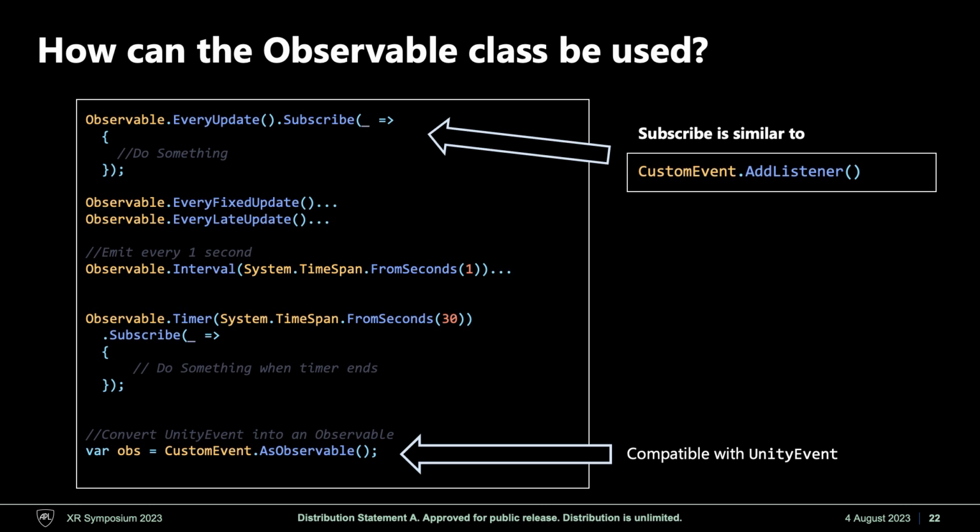If we called that frame, you can actually get the number of the frame, or it might be the time, I don't exactly remember. I believe it's a long type. But basically you can get some information about that frame of when it's happening. They've built this into Unity so that you can do that for things like fixed update, late update, whatever. But you can also do a bunch of other things like observable.interval.